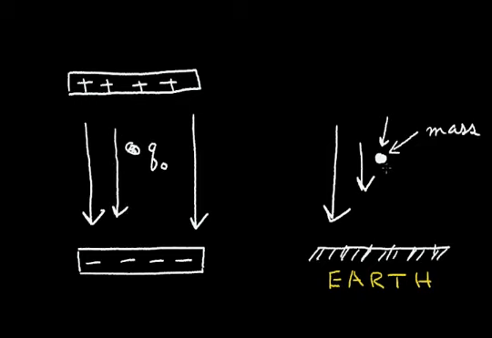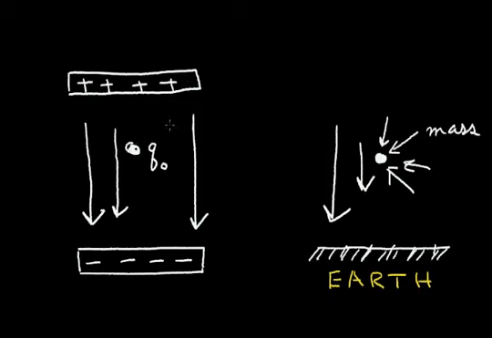Just like if this mass were the mass of the moon, it would change the field at the surface of the Earth. So we always assume that this mass is rather small compared to the mass of the Earth, just as this charge Q0 is relatively small compared to the surrounding charges on these metal plates.